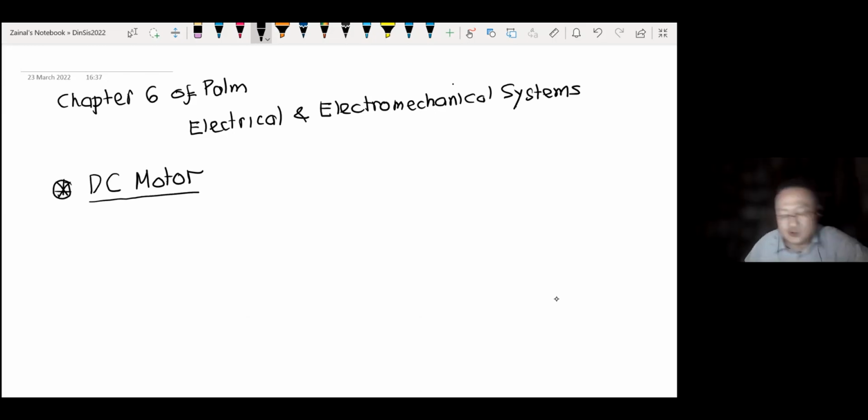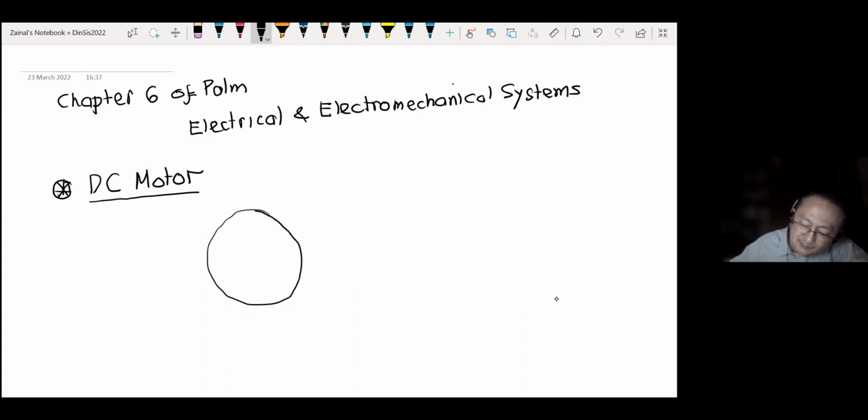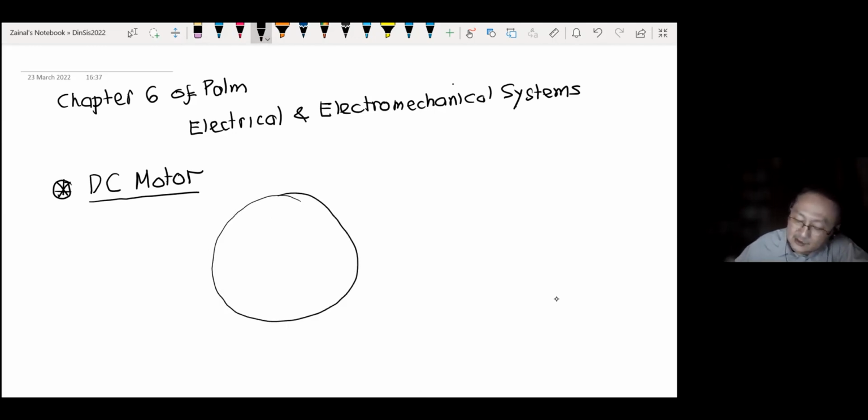Okay, now look at this one. If you have a motor consisting of this, something like this, I want to draw something like this one. This one is called stator, or non-rotating part. Stator means static.